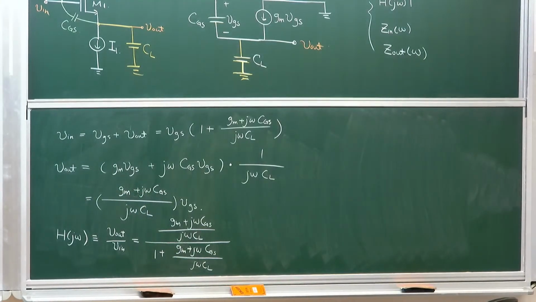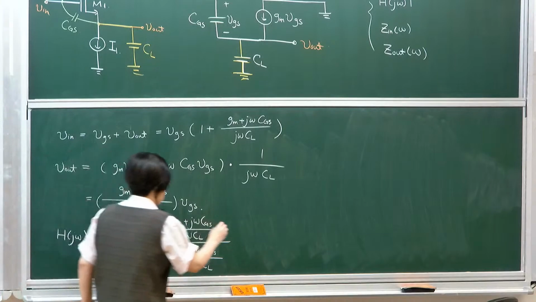You can make some arrangement by multiplying both the numerator and denominator by j omega C load.